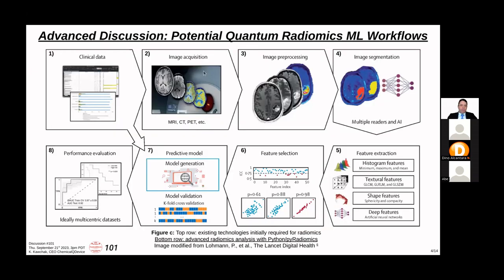So here's what we have going on here. This is a radiomics workflow. This top row, starting with clinical data, going to image acquisition. This is what we're familiar with. You have an MRI, you get an image, and then in these stages, you're talking reconstruction algorithms, pre-processing to remove artifacts and motion blurring and these types of things.